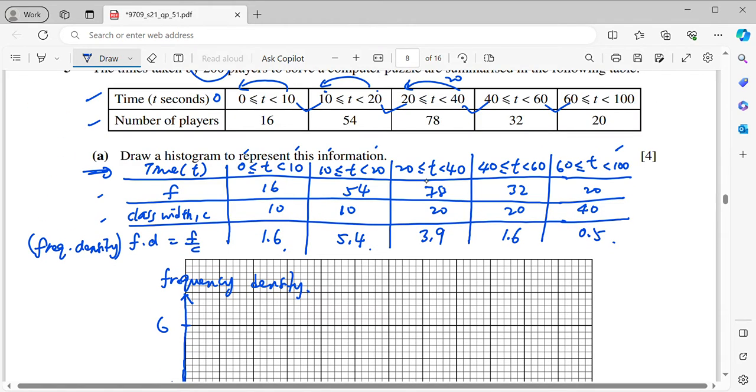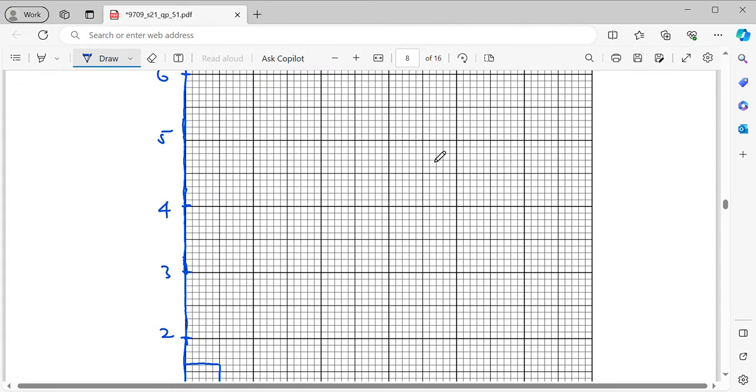Okay, so now the second histogram bar is 10 to 20. The height is 5.4. So 10 to 20, 5.4 is somewhere here.